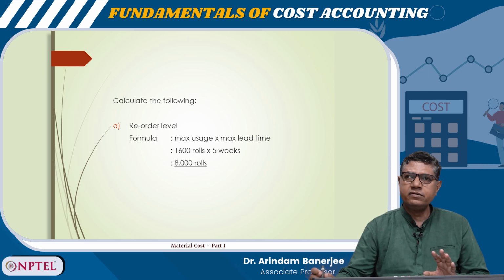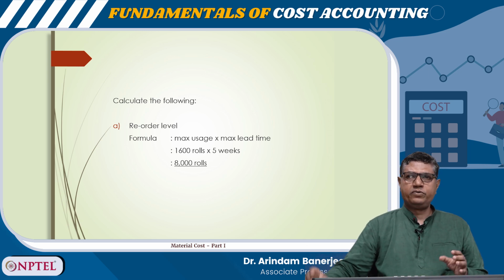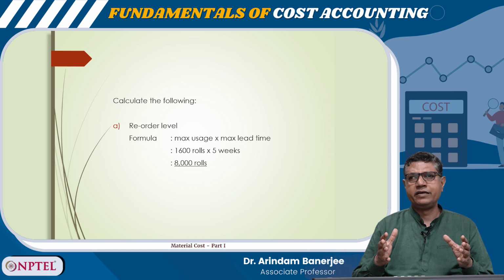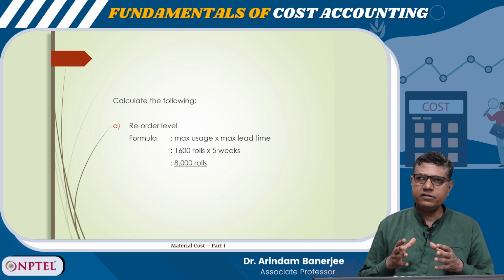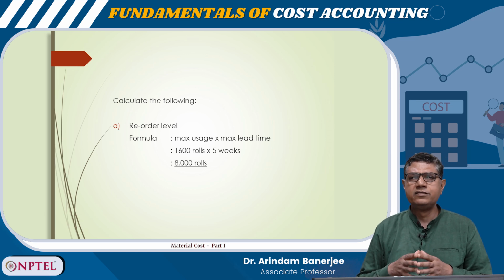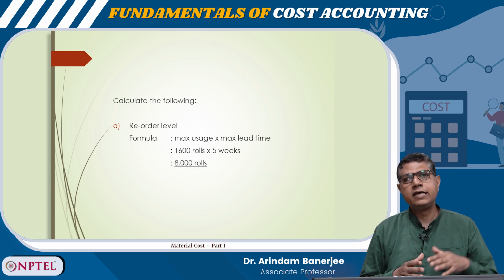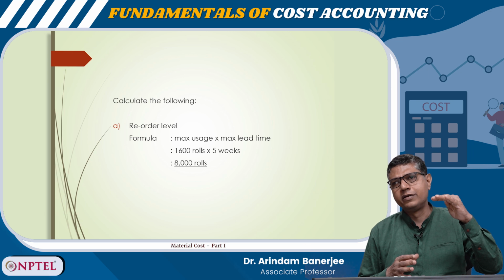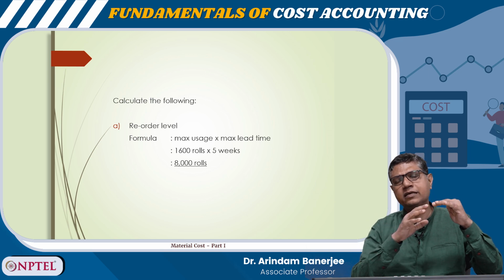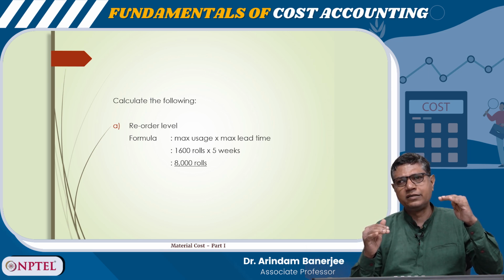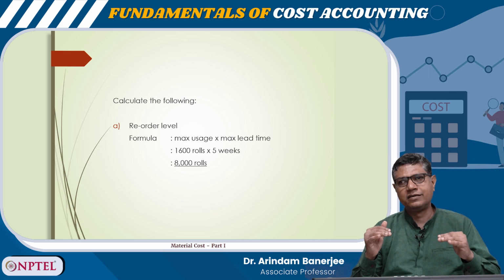Again, for a recap, I am explaining the entire concept we have discussed till now. For a manufacturing company, it is important to understand when to order, right. In the store there is a particular raw material which has been received, and the requisition is coming from the production department. As the store is issuing the raw material, the stock is gradually decreasing, right.